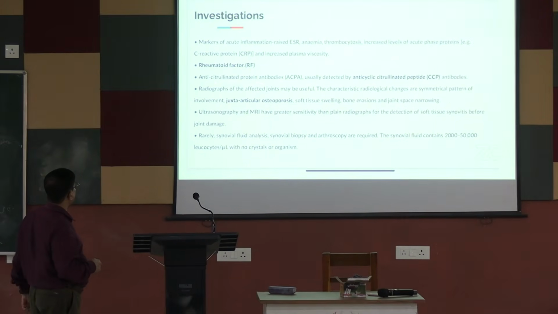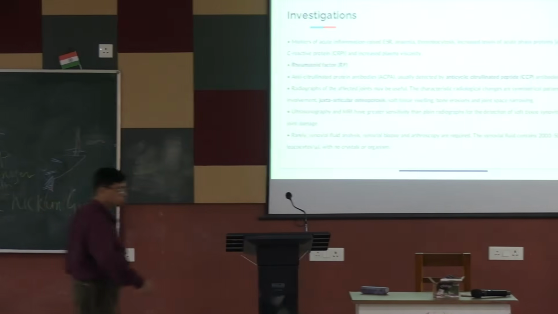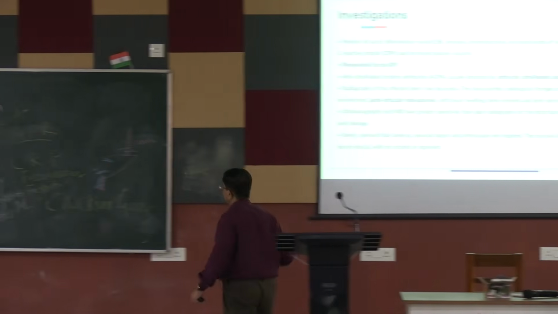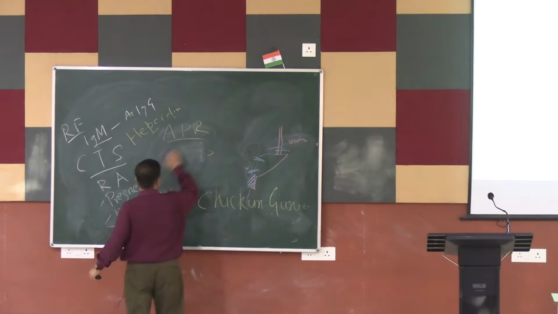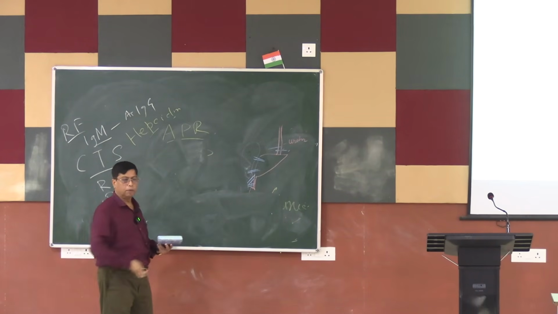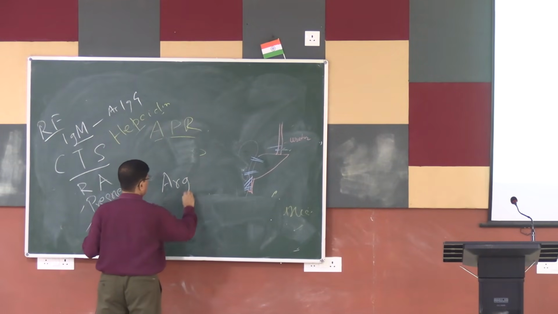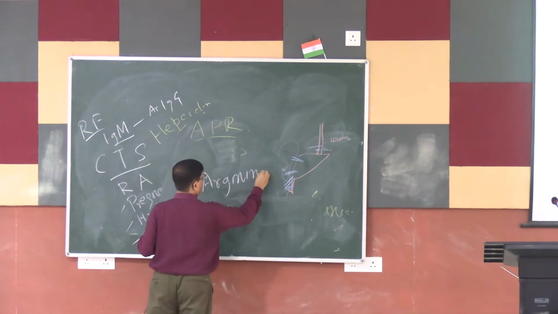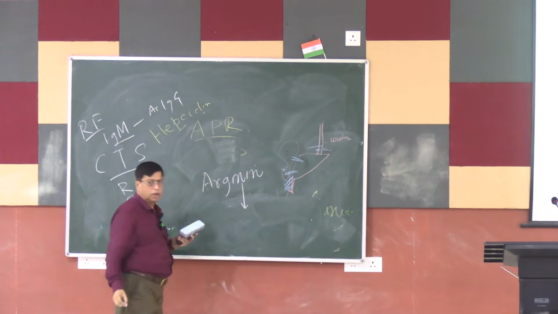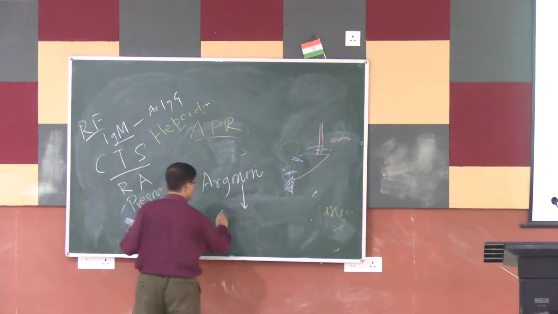Now there is another one, anti-citrulline protein antibody, ACPA. We also call it anti-CCP antibody. What happens is, there is arginine, which by some enzymatic process is converted into another amino acid called citrulline.